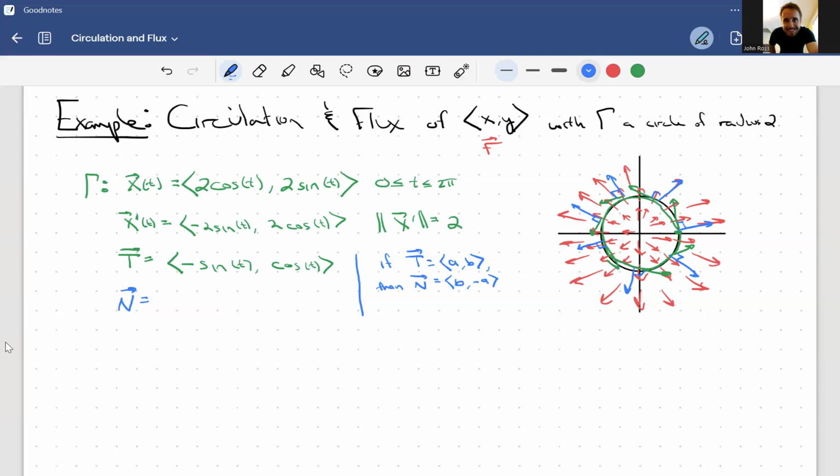So we flip the location of the a and the b, and we add a negative sign to that second component, and that gives us the normal vector.